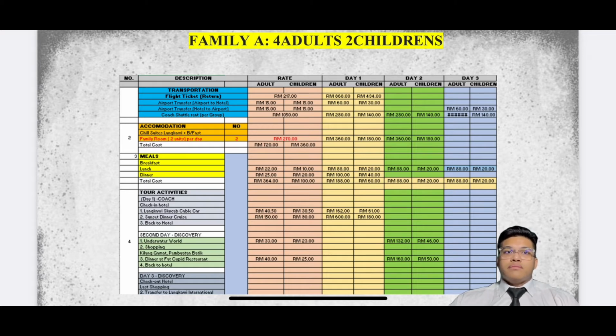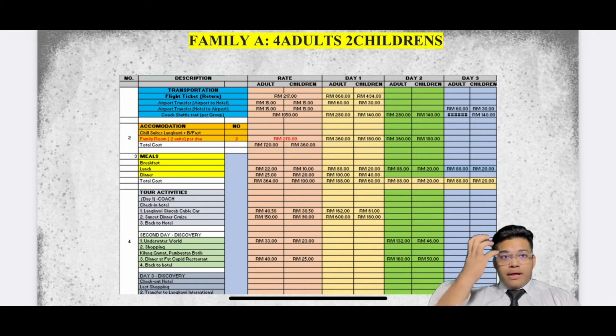Tour activity. For tour activity, the Langkawi SkyCab cable car for adult is RM 40.50 and children is RM 30.50. Day 1 is RM 162 and RM 61 for children.